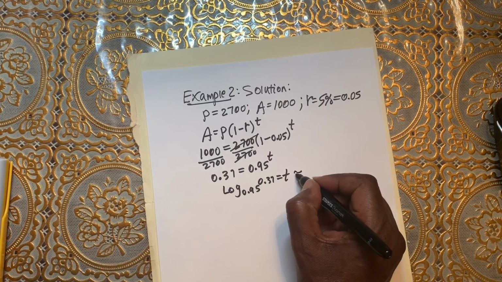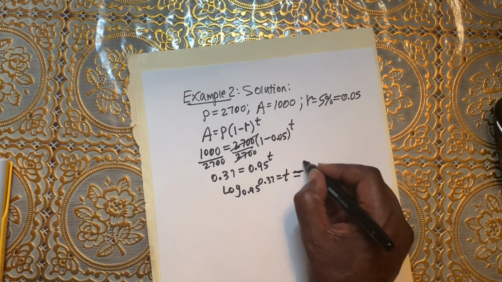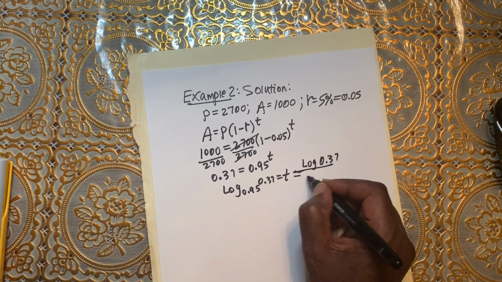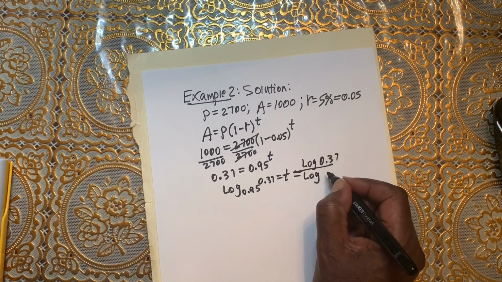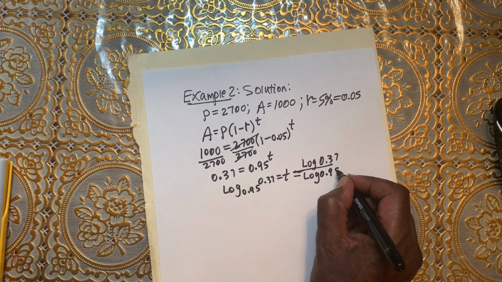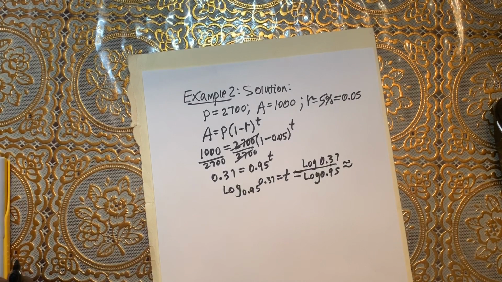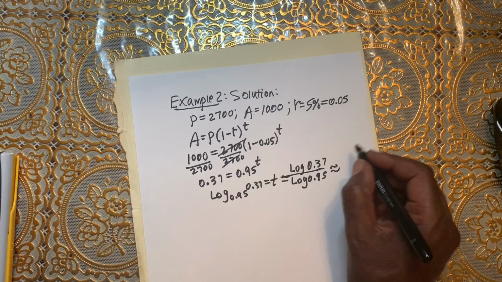Last week, you remember, we did log of 0.37 over log of 0.95. If I do this using my calculator, I find approximately 19 years.